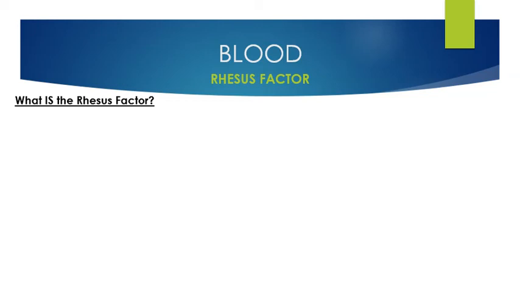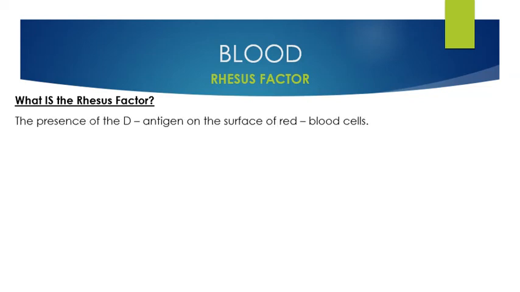So apart from the grouping of antigens and antibodies that we just looked at, blood groups can also be grouped according to their Rhesus factor. Rhesus factor plays a very important role when we look at blood transfusions. So we said the presence of the D antigen on the surface of the red blood cell is simply what the Rhesus factor is about.